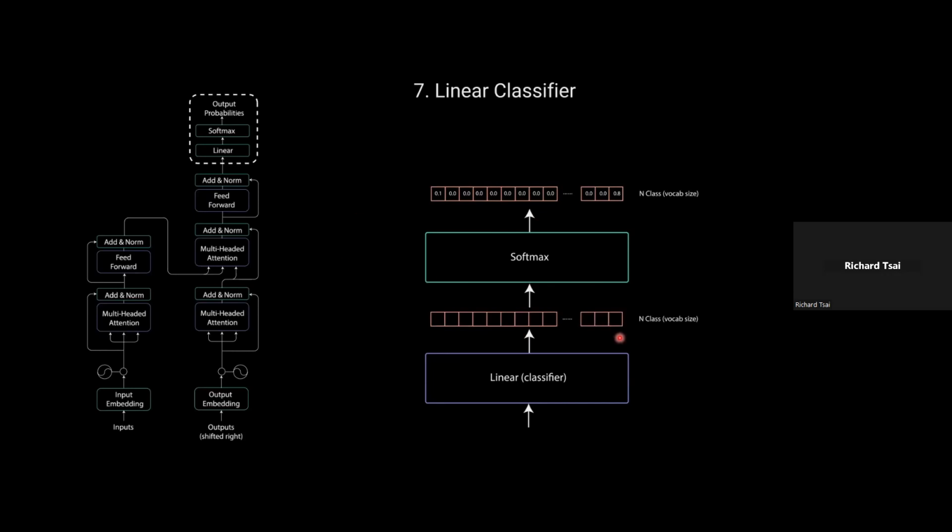This step helps generate the probability distribution for the next token over the entire vocabulary, because the dimensionality of this vector is the size of the vocabulary. In a sense, it determines the likelihood of each word in the vocabulary being the next token in a generated sequence.